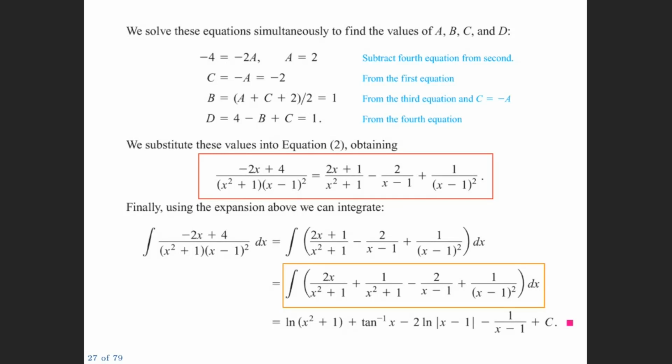So basically now we're just doing 4 easy integrals. Okay, let's move ahead.